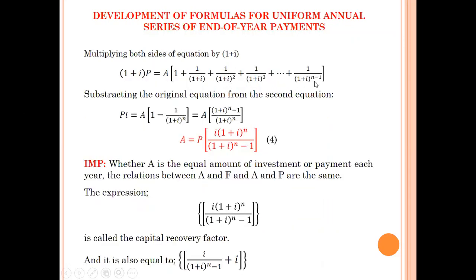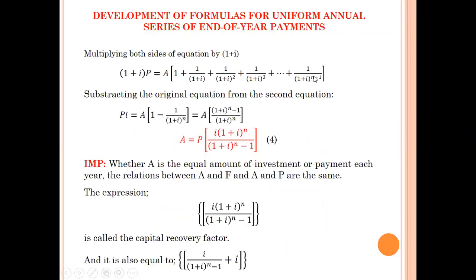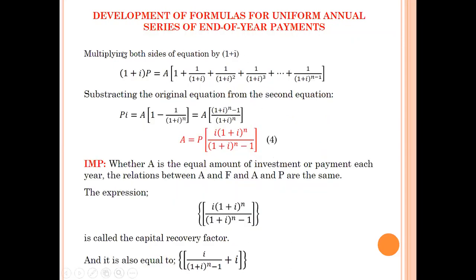And it will go down through 1 over 1 plus i to the n minus 1. Why? Because we are multiplying by 1 plus i, right? So it will be n minus 1 here now.